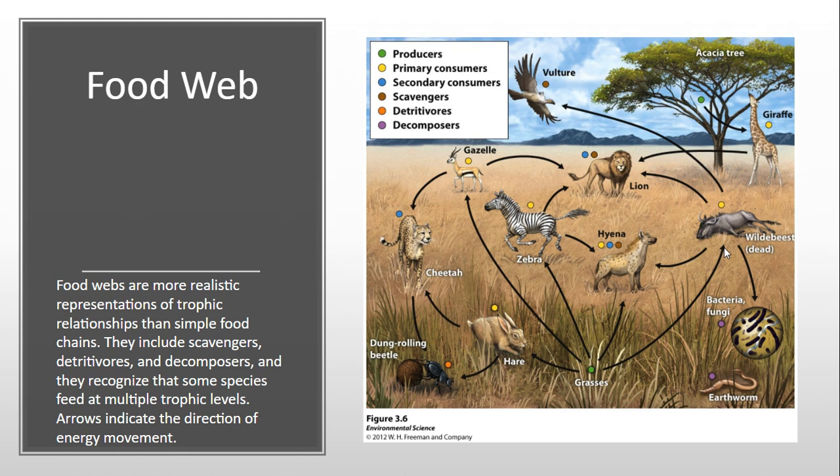Not only do food webs depict our producers and consumers, but we must also include things such as scavengers, detritivores, and decomposers, because those species are often also found in trophic levels and they help to cycle nutrients into the ecosystem. Also, recall that food webs and food chains, when depicted, typically have arrows, and it's those arrows that indicate the direction of energy movement.